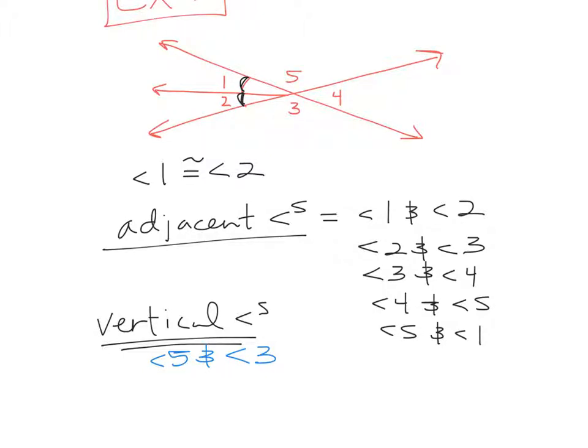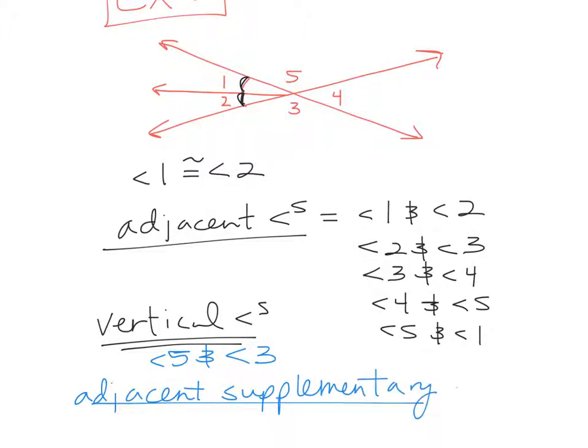And then the last two sets are adjacent supplementary. Okay, so what are adjacent supplementary? Which two angles are next to each other and add up to 180?